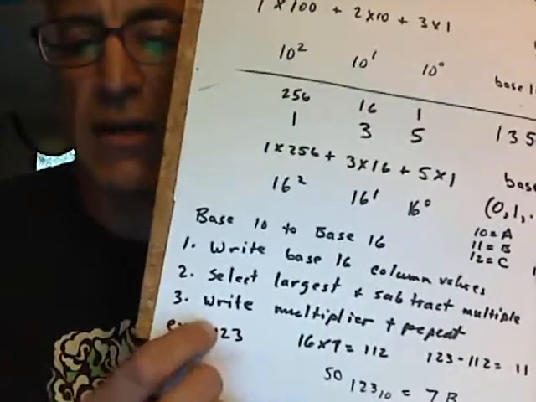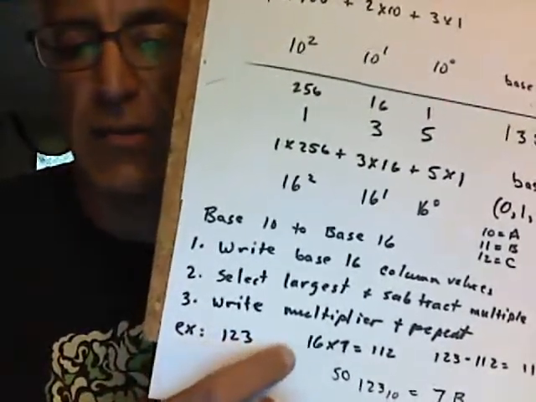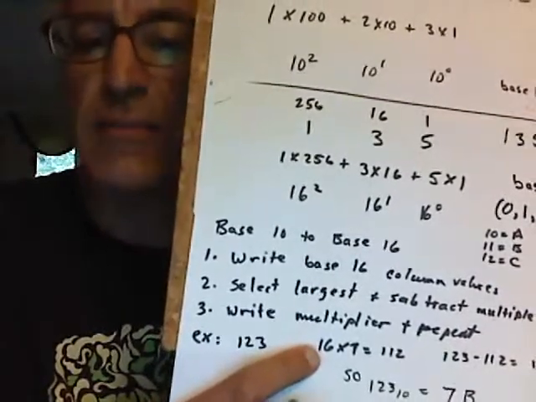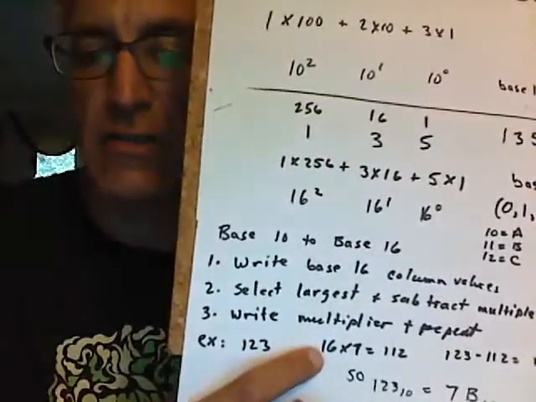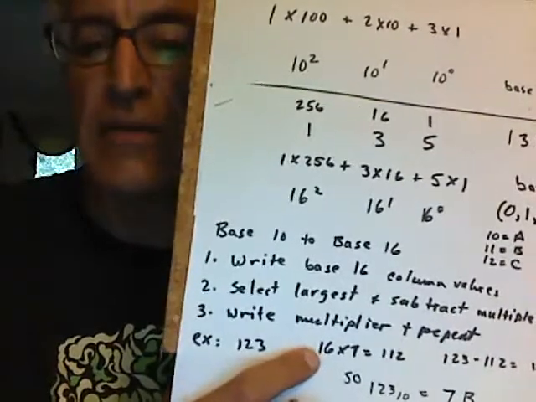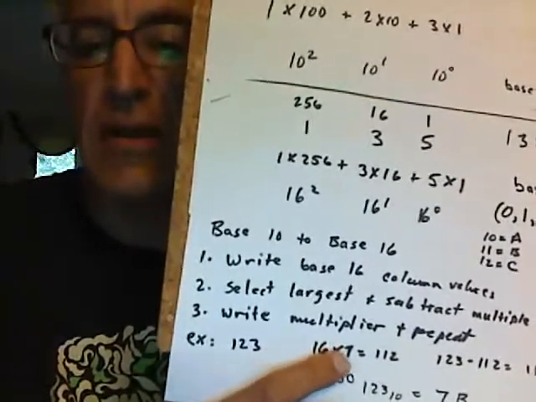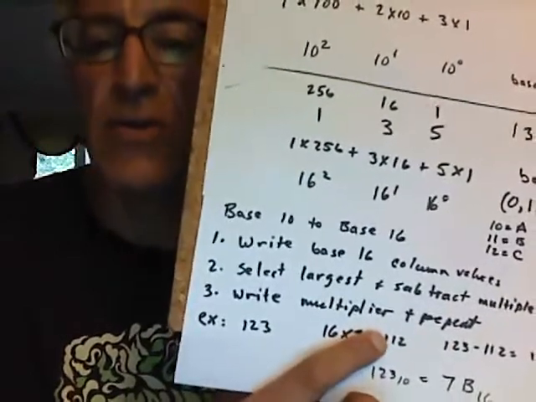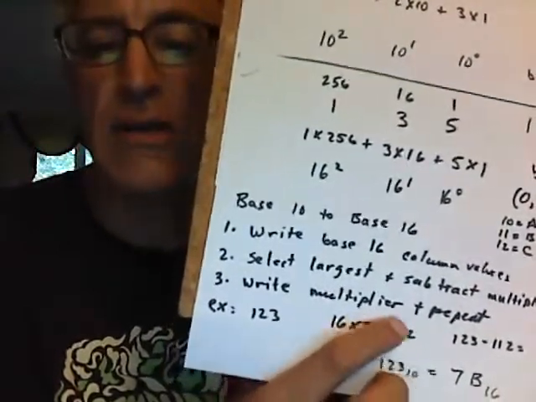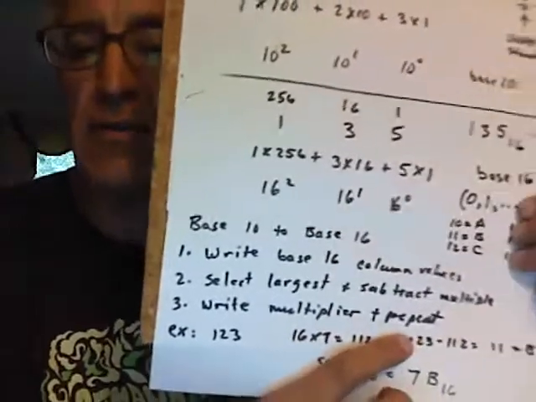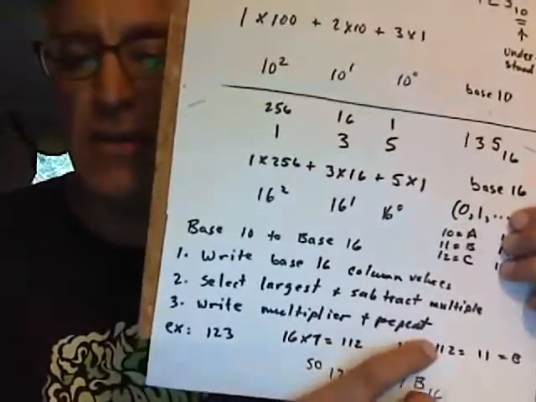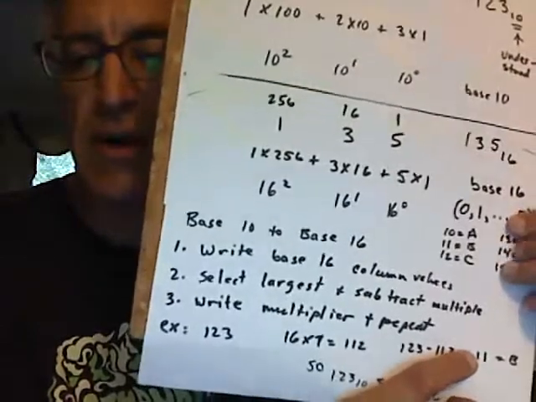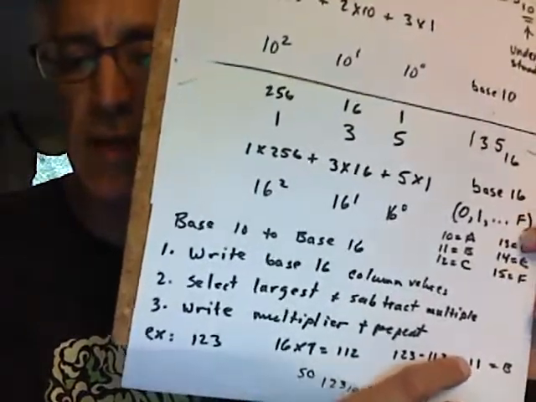It's got to be large, but not greater than 123. Well, I happen to know that 16 times 8 is 128. And that's going to be too big to subtract from 123. So we bump it down to a 7, and 16 times 7 happens to be 112, which will subtract from 123. We do that subtraction, we get the number 11, which, as you know from this chart up top, is a B.